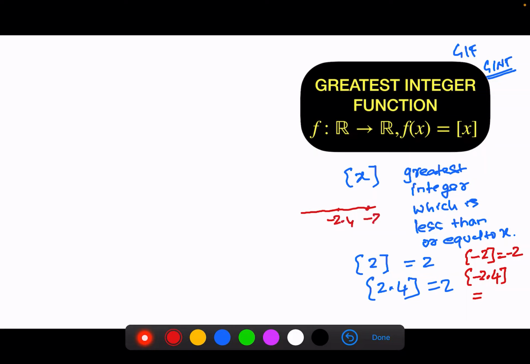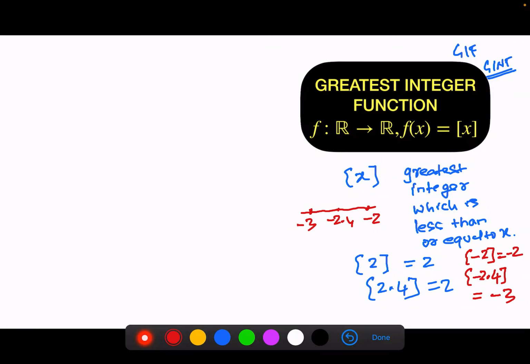You need an integer which is smaller than minus 2.4. What will this be? Minus 3. Yes, very good, it will be minus 3. You guys understand?